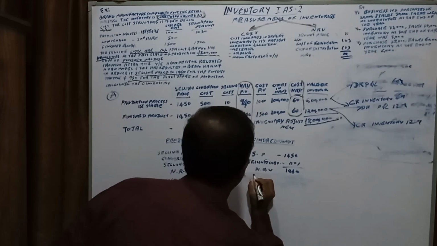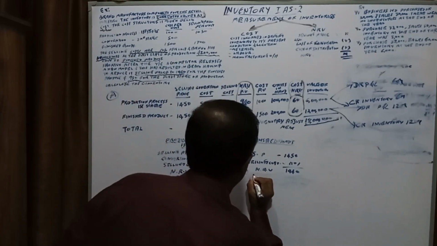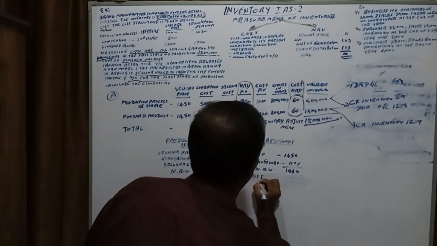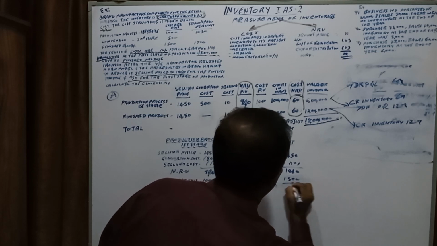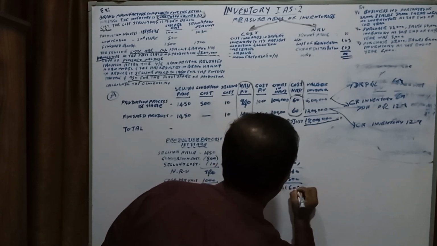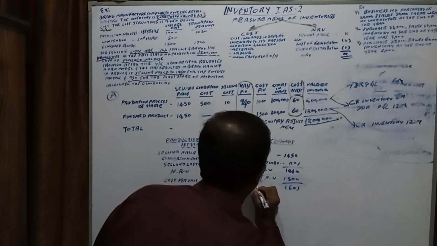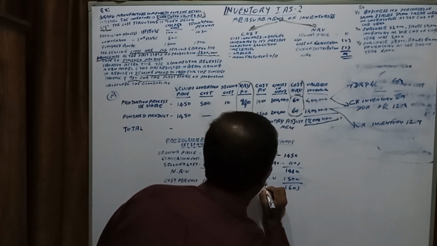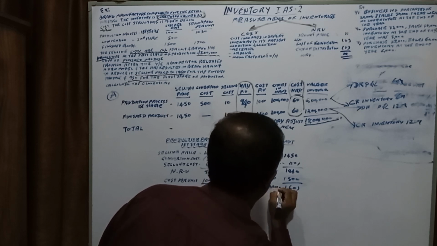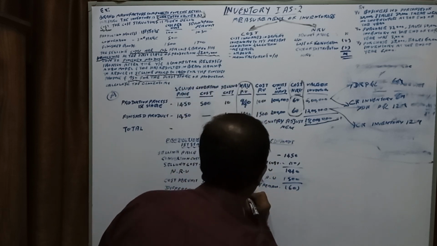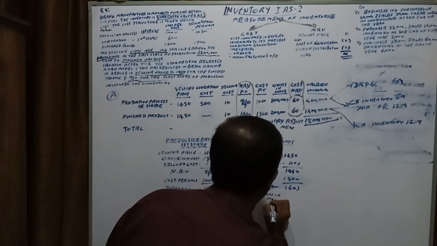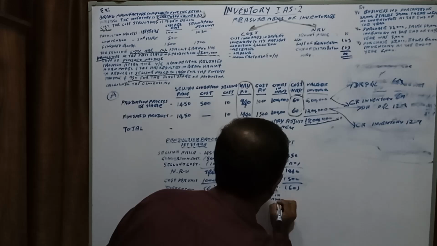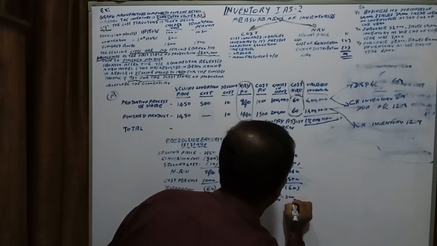Cost per unit is 1500. Then the decrease in value, the difference, times the number of units in hand, 200,000.